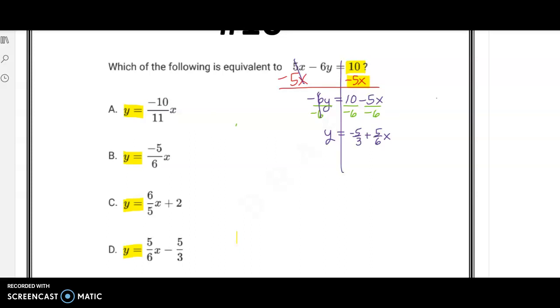We can just have them switch spots, okay? So let's do that. Let's have them switch spots, these two right here. Make sure that the signs go with it. 5/6 x is positive, so it should stay positive, and the 5/3 should stay negative. So our answer choice is D.